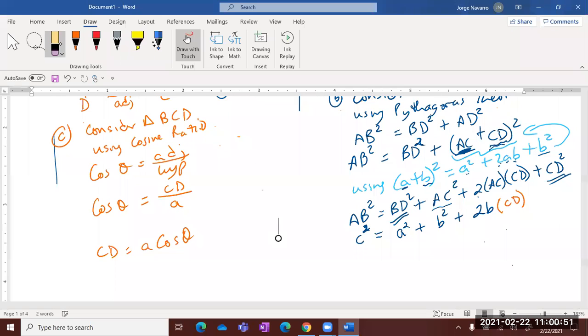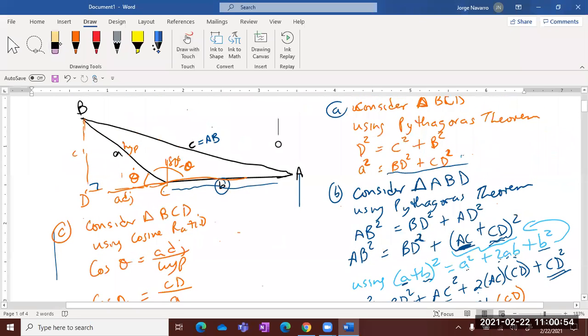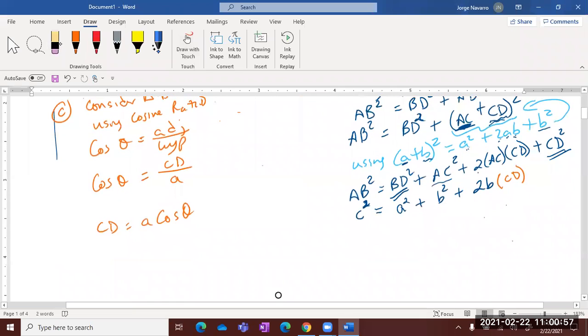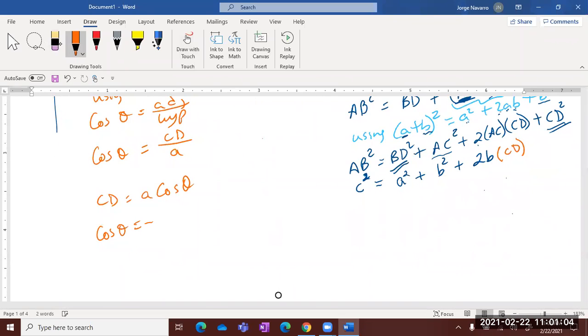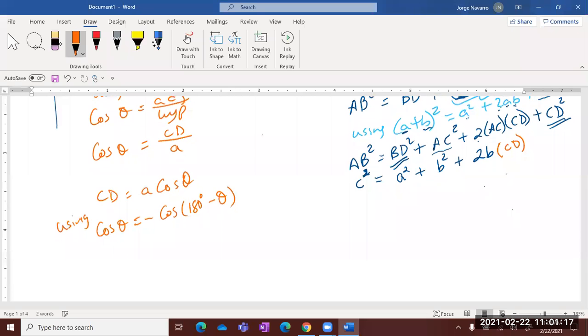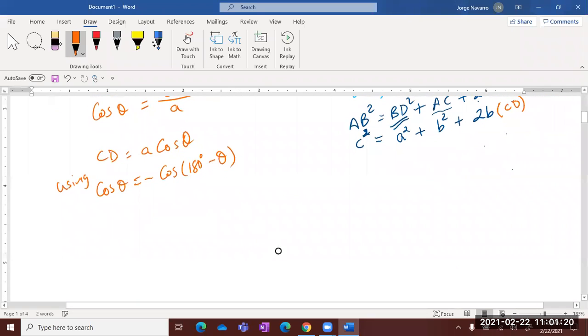But note, something that you should always remember, guys, is that the cosine of theta is equal to the negative cosine of 180 minus theta. So that's what we're going to be using. So that means that CD is equal to negative A cos of 180 minus theta.